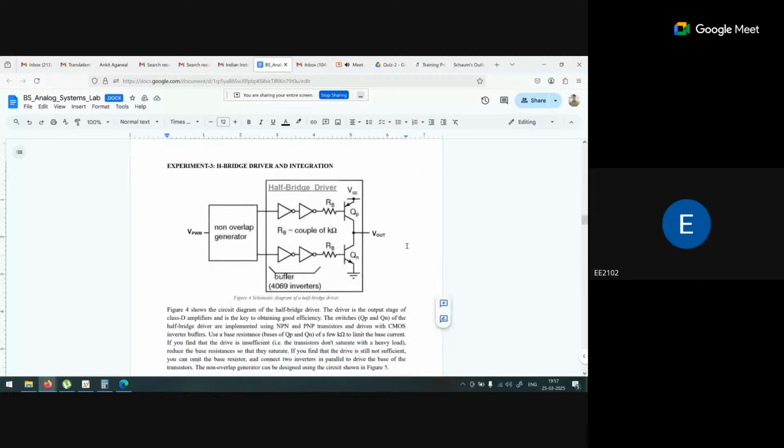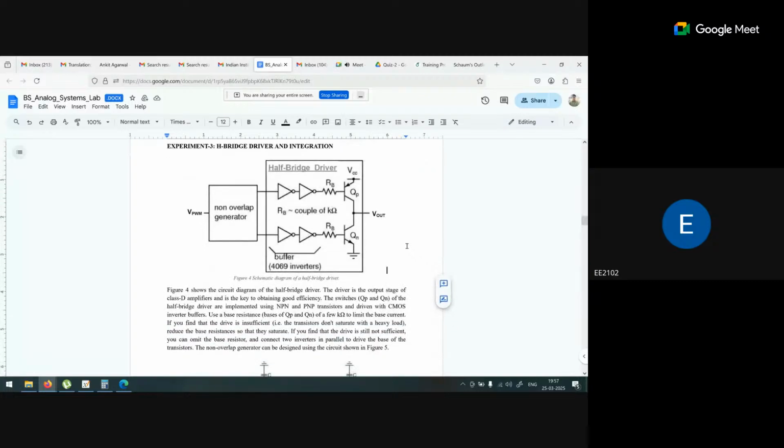You have to design the H-bridge driver and the integration. The purpose of this circuit, wherein we use the H-bridge driver, is that if we want to change my voltage, meaning change the polarity. For example, for a second I want to provide plus 12 volts, and for another second minus 12 volts, and again plus 12, minus 12 in this way. So only the polarity of the signal changes.